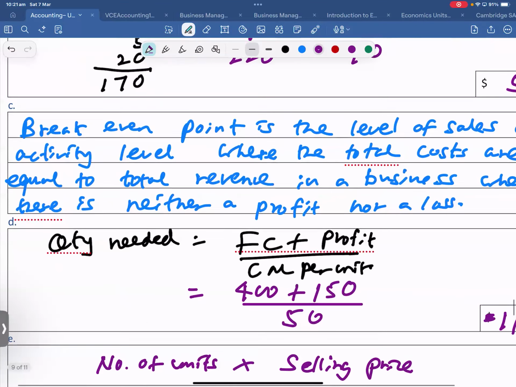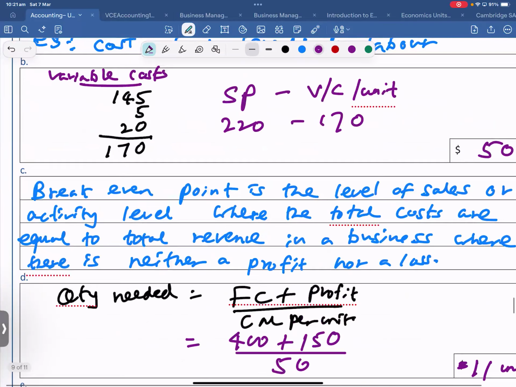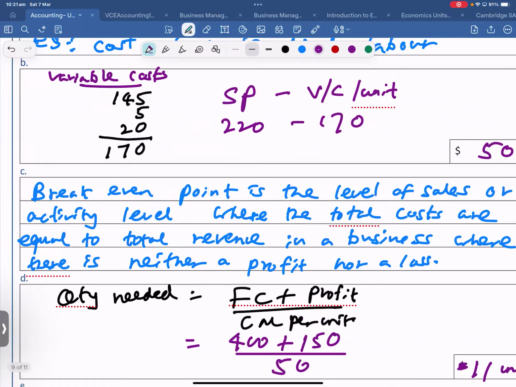Right. Part D, okay, 11 we did. Then part E. It's just like 11 times 150. No. Oh, 170? What? No. Read the question.